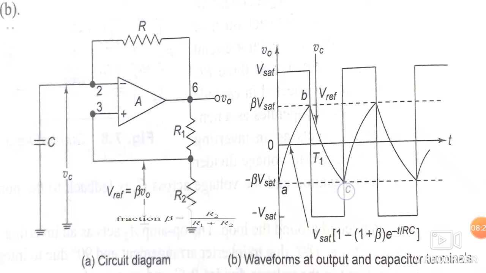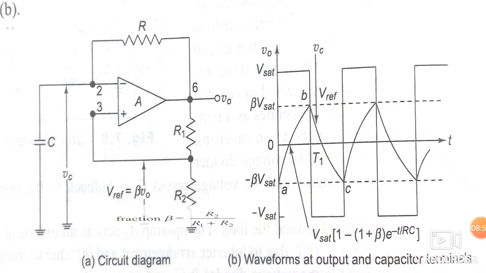At this point, a transition will occur, meaning the potential of point number 2 is now more negative than the potential of point number 3.